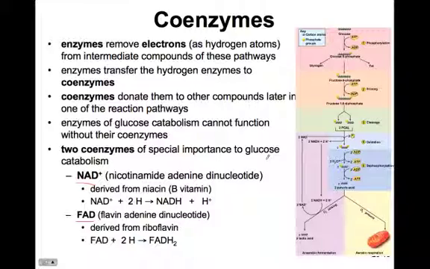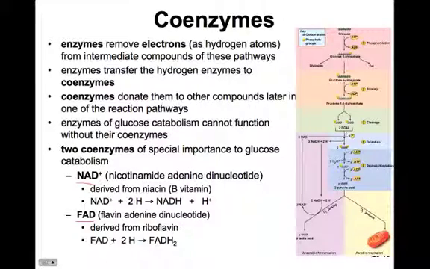And the little cars come along and pick up 2 electrons and 2 protons, which we note simply as 2 H pluses, and just understand that every time a hydrogen atom travels, it travels with an electron. And basically, they're going to transfer these atoms later to other pathways.